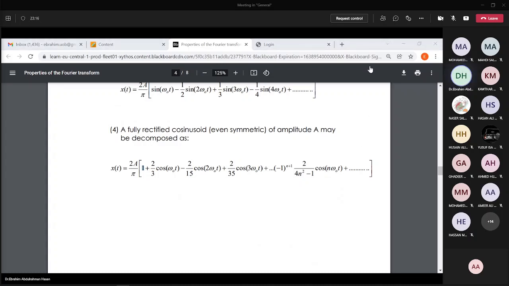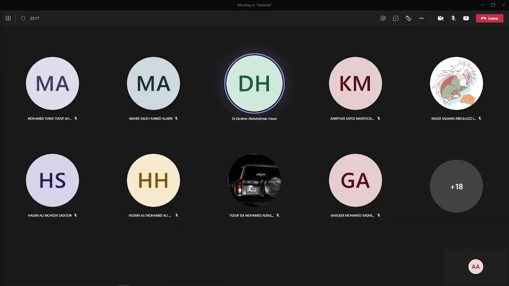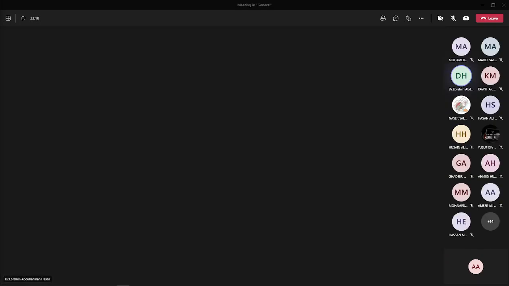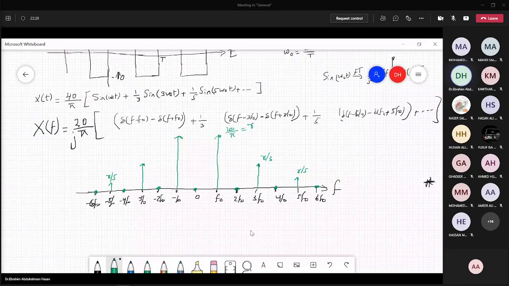So for any periodic signal you will get something similar, but not exactly, because sometimes we have at even, sometimes we have at even and odd, sometimes we have DC, sometimes we don't have DC, but since it is periodic I will get something similar. The amplitude may be different, yes.